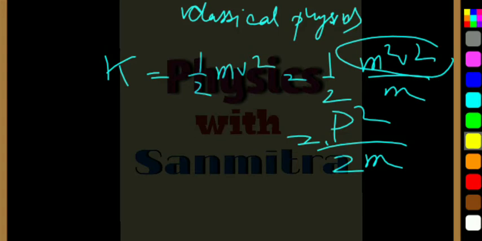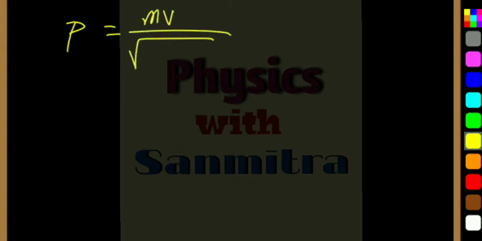Here the things are not that simple since mass is not constant. So let's see how we can write. P is equal to m v divided by root over of 1 minus v squared by c square, with m naught to specify rest mass.